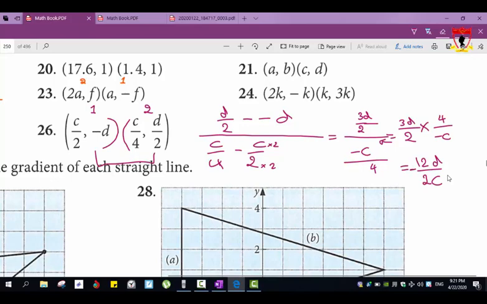As fraction or as an algebraic expression, it's fine. The gradient is this. And since it's fraction, it has equivalents like 12 and 2, they both divisible by 2. We can also say it could be negative 6d over c after we divide by 2.